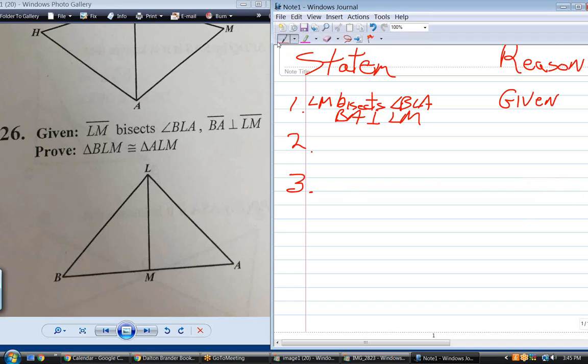What's next? EML congruent to LMA. Okay. If you have to elaborate and say EML is 90 degrees, you can say LMA is congruent to. Well, let's go through a formal proof here.